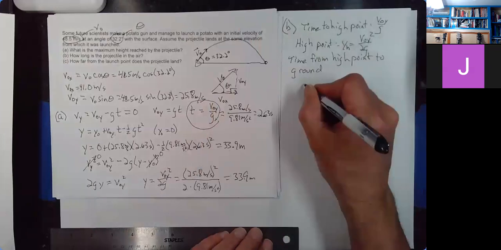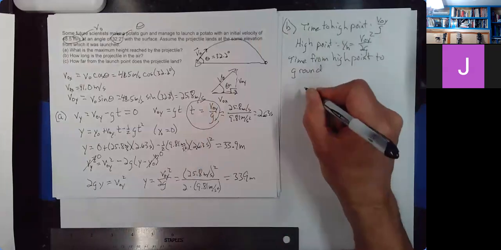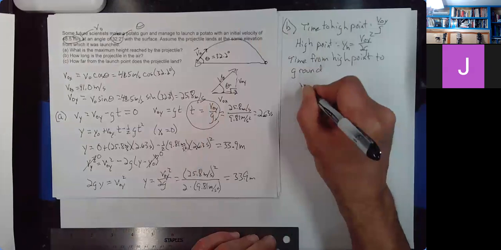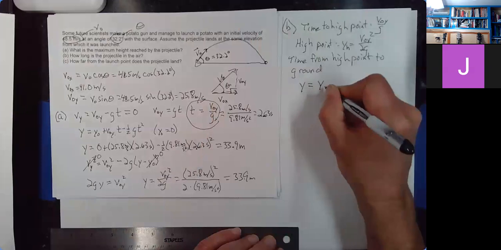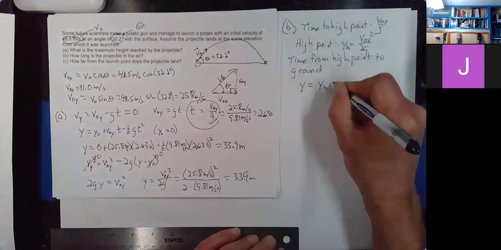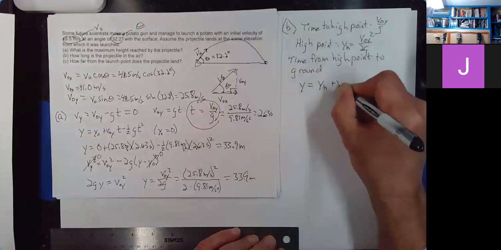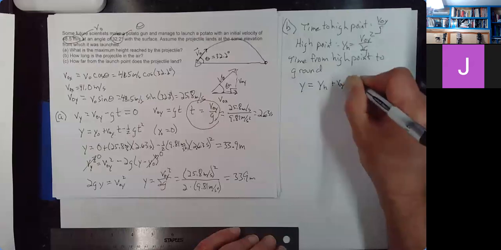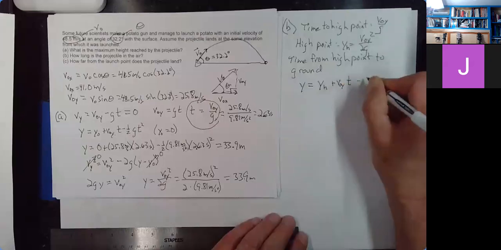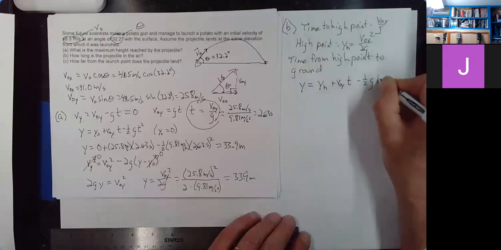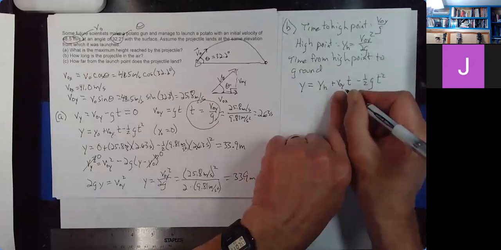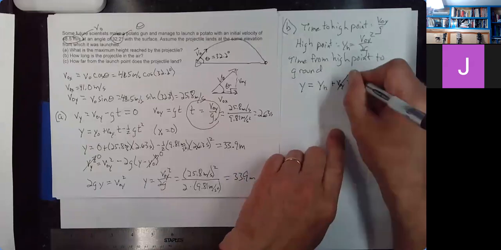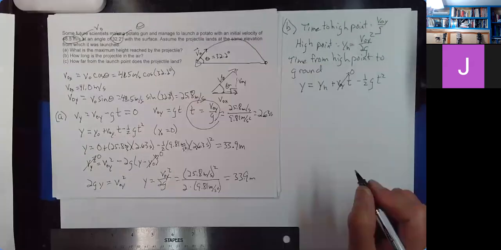And I'll write down my equation for y as a function of t. Y is equal to y naught, which in our case is y at the high point, plus v naught y t minus 1/2 gt squared. But this v naught y is going to represent the y velocity at the high point. This is 0 because that's where it stops going up and hasn't started to come down yet.